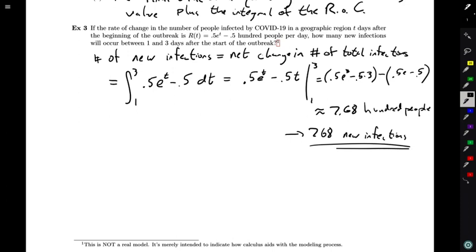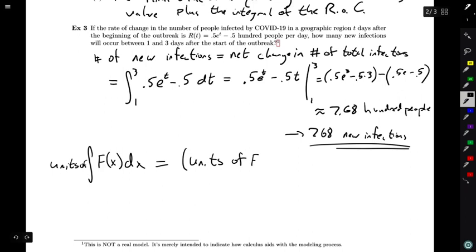More generally, you might want to know, how do I compute the units of some integral that I've computed? Remembering that integrals represent areas, you might think, well, it's the units of the input times the units of the output. And in fact, you would be correct. So the units on the integral of f of x dx are the units of f of x times the units of x.